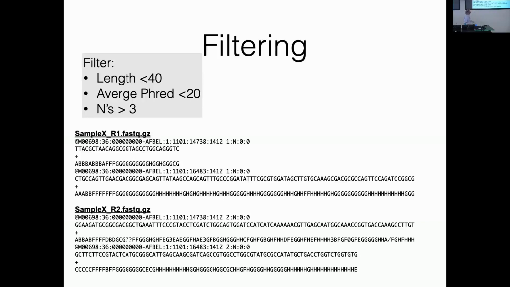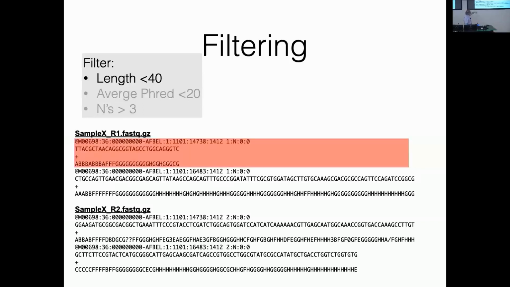And you can also throw out reads that have a bunch of Ns, because that might indicate some overall problem with that read. So here we'll start off looking at the length, and what's going to show up is this read that we trimmed a lot.